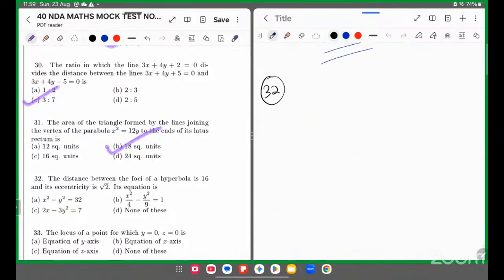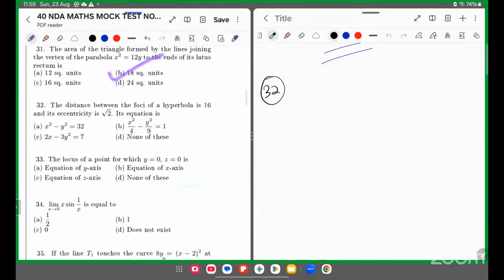Question number 32. The distance between the foci of the hyperbola is 16 and its eccentricity is root 2. Then the equation is.